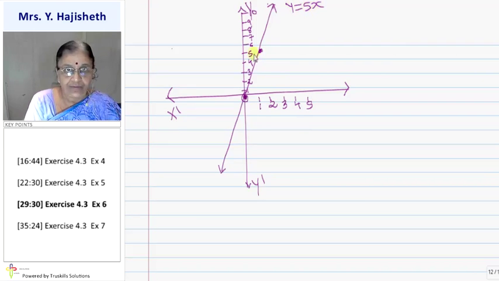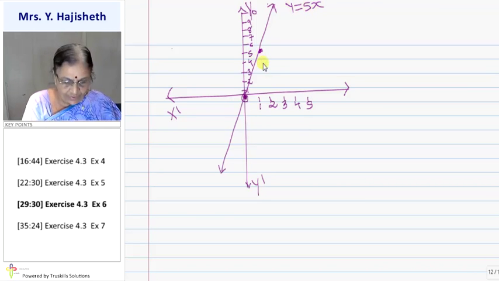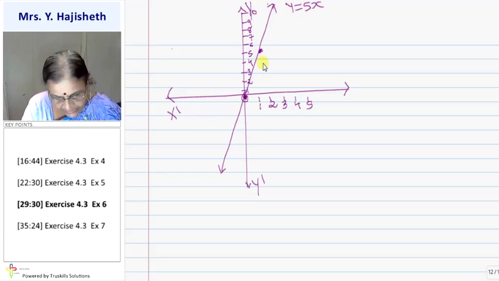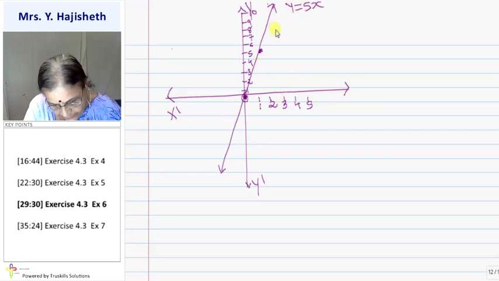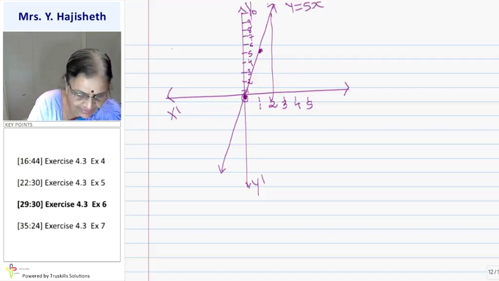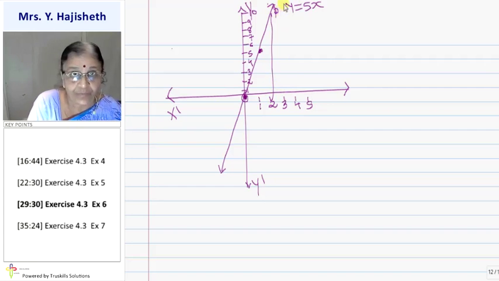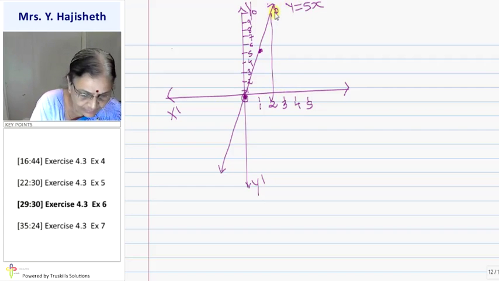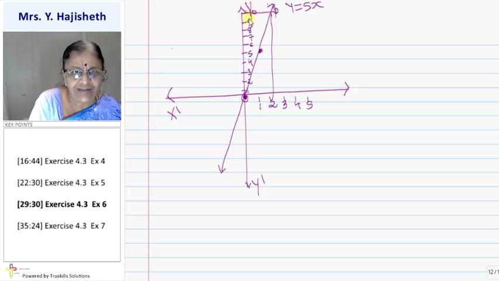Now when you are asked to find out when distance covered is 2 units, at 2 I draw a perpendicular. And this is my point P. From P I draw a perpendicular to the y-axis. It intersects the y-axis at 0, 10.